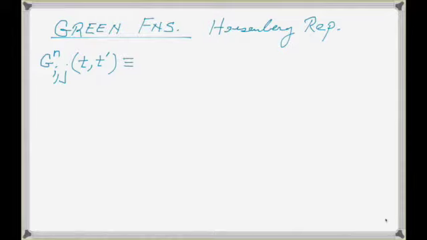So, 1 over H bar, this thermodynamic, or in non-equilibrium thermodynamic average, of a_j dagger of t prime a_i of t. Notice the indices are reversed from in the subscript for Gn.